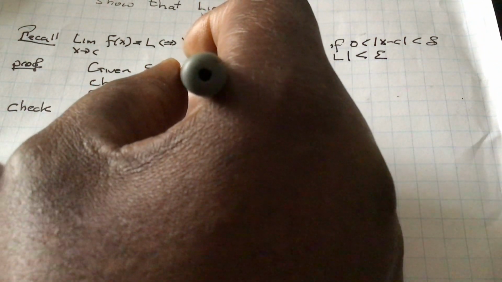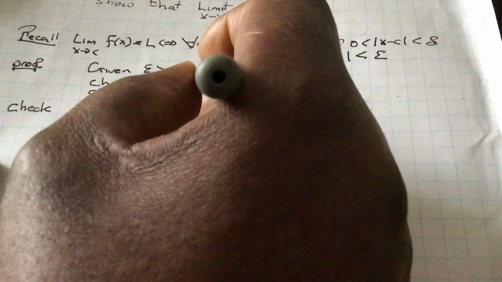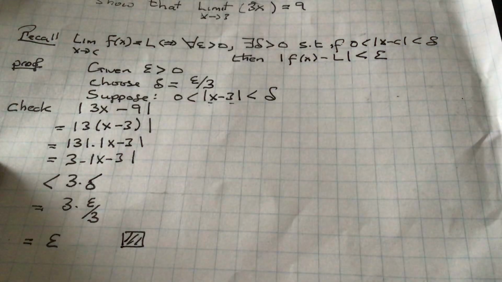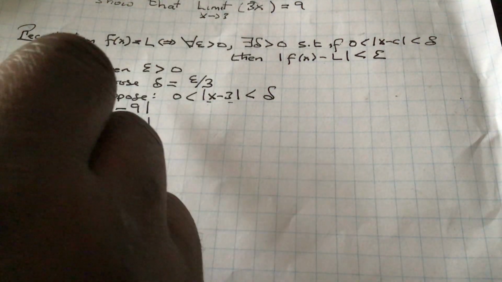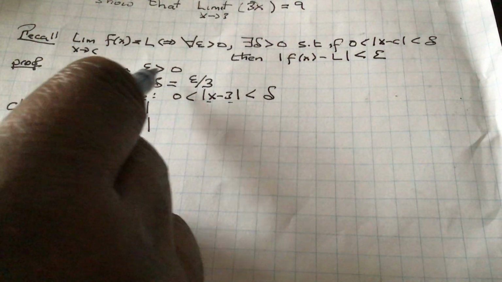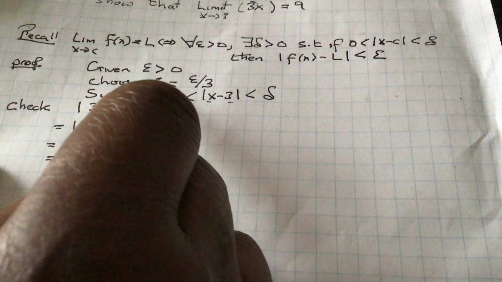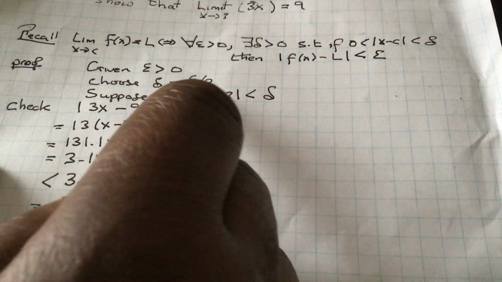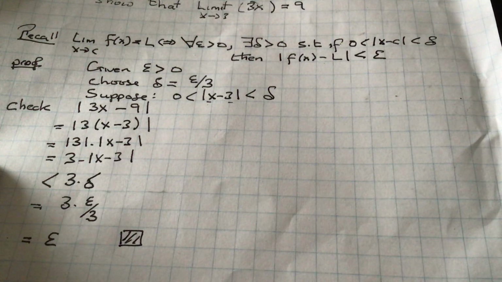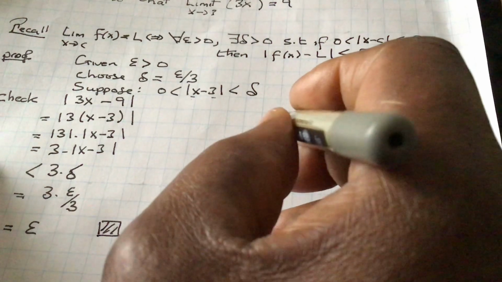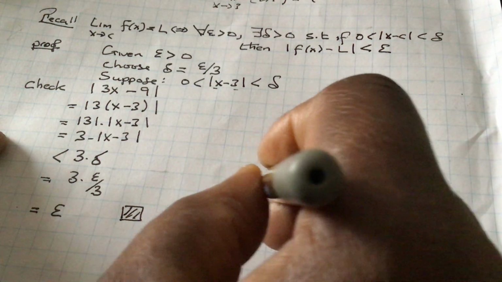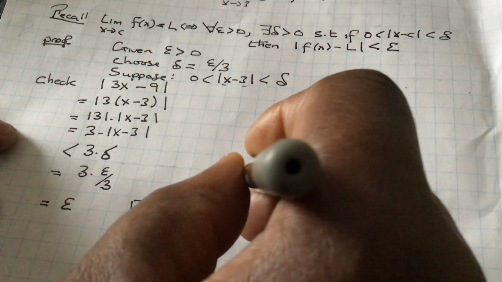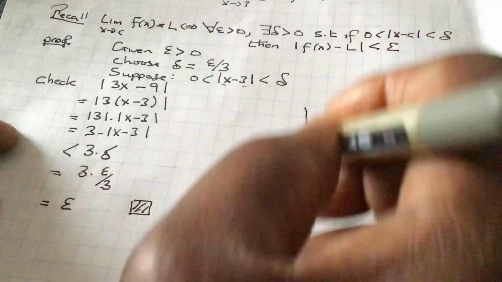We go back to here and we write down the delta that we have just chosen. What this means is that for any given epsilon, that means epsilon is positive, we can find a delta that will work. In other words, if I draw a quick sketch, this is a graph of y equals 3x.